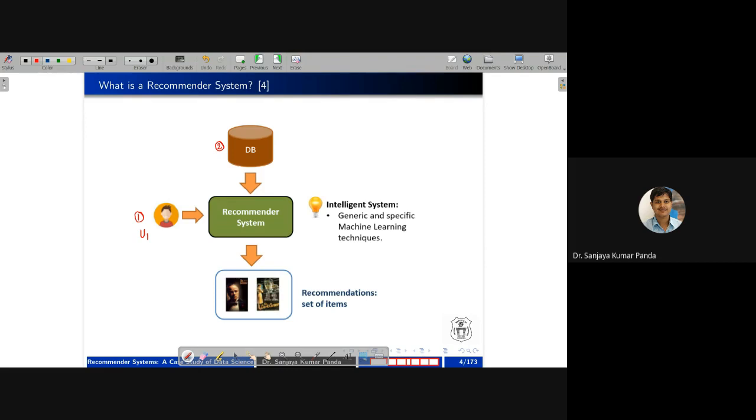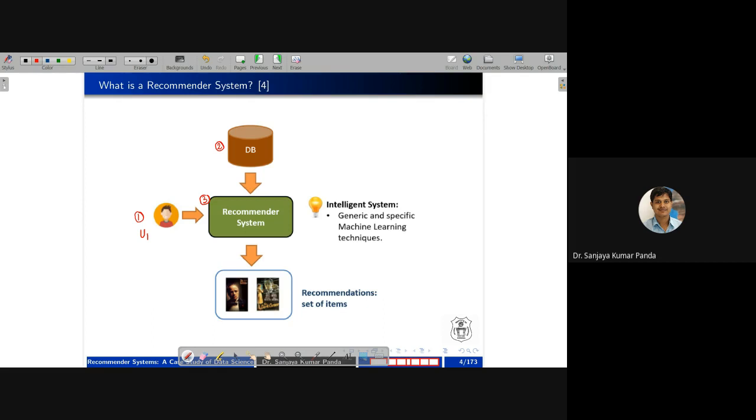For those who are not comfortable with databases, you can simply assume that an Excel sheet is also one type of database where you can keep the details of all the users and all the items. The third component is called the recommendation system, recommendation engine, or platform. It is basically an algorithm or process through which you can generate recommendations for a particular user.